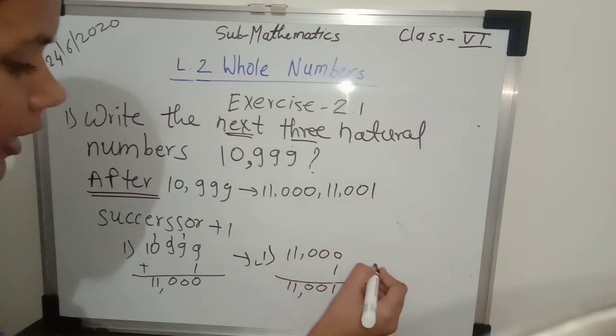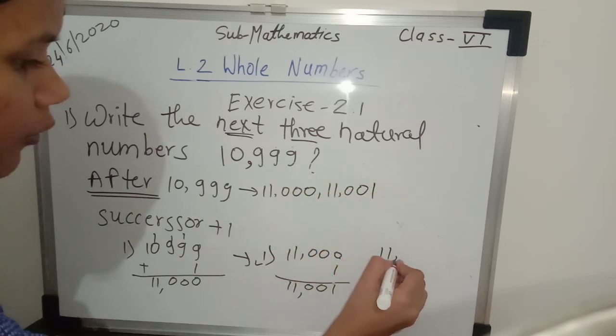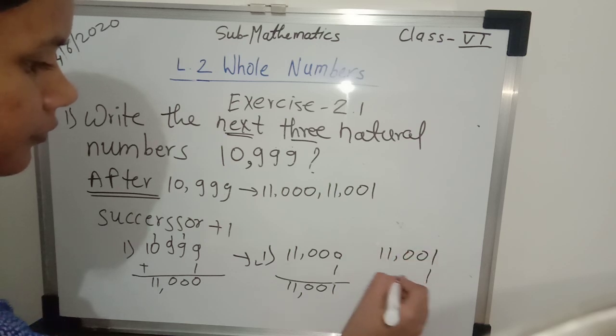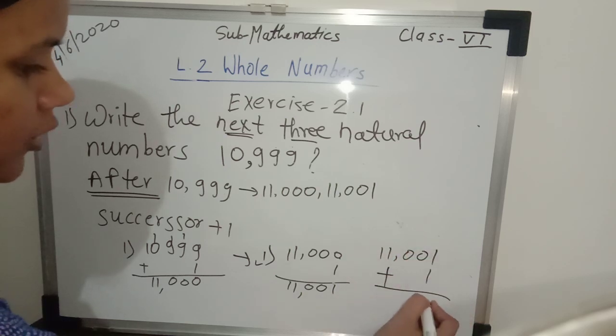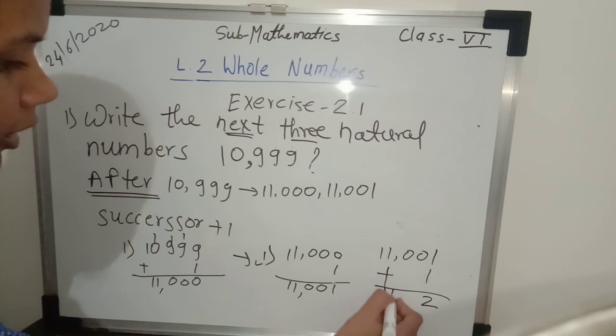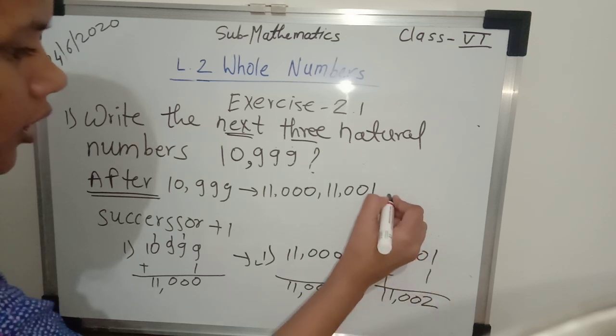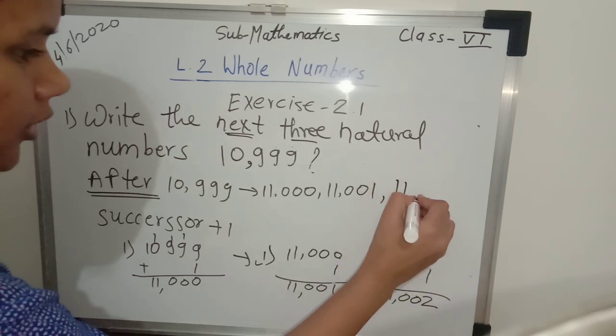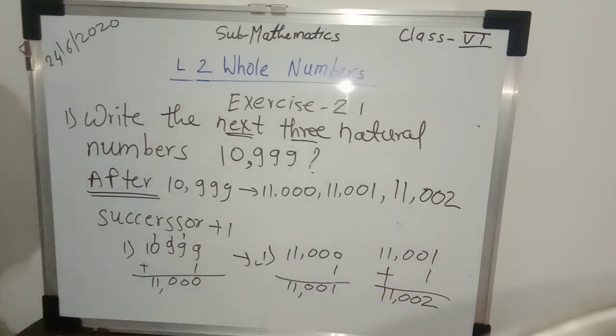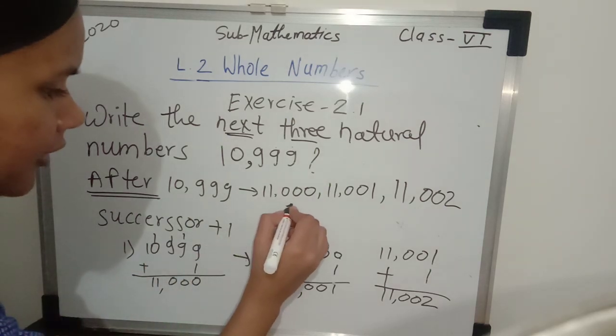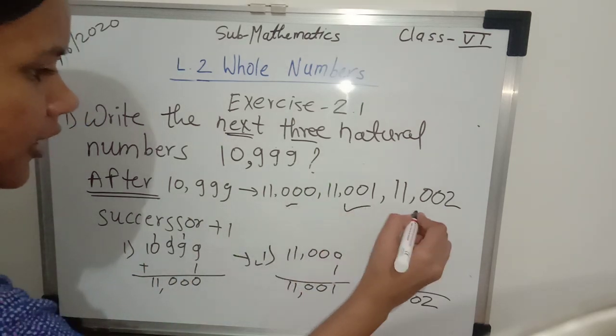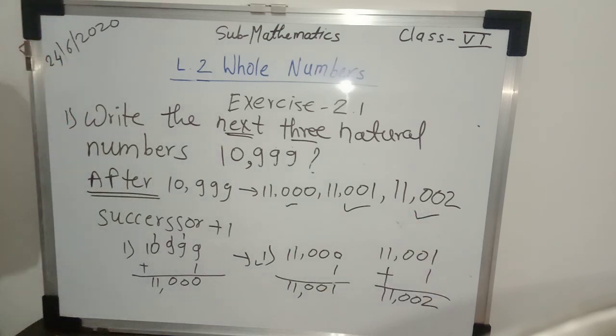Now in 11,001 we add 1 again: 1 plus 1 is 2, and write the other digits as they are, 11,002. So the 3 natural numbers after 10,909 are 11,000, 11,001 and 11,002.